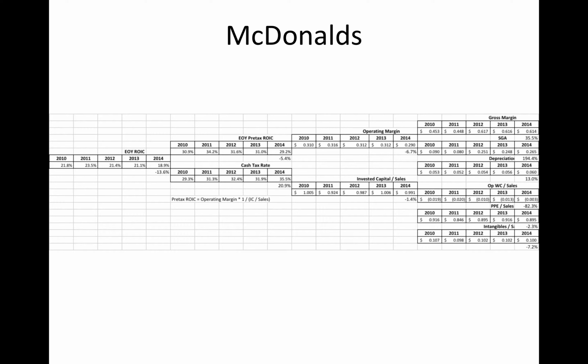No. The mark on the food, the gross margin, looks pretty consistent. SG&A, selling, general, administrative. That went from, in 2012, 25.1 to 26.5. They're spending an extra 1.5% on selling, general, administrative. That hurt their operating margin. So it wasn't the food. The problem is it looks like they were spending more to get people to come to the stores.